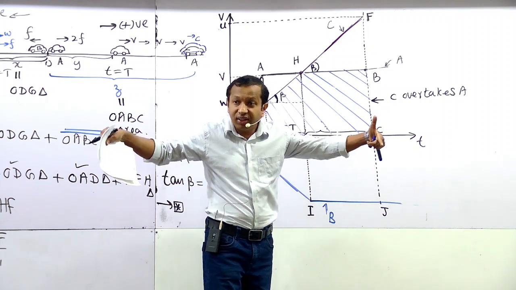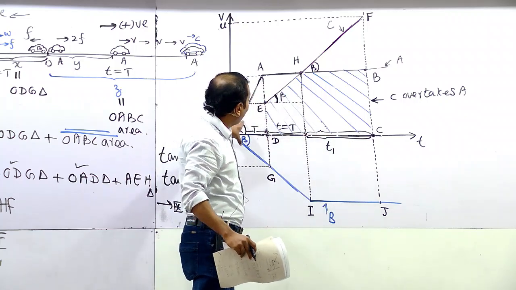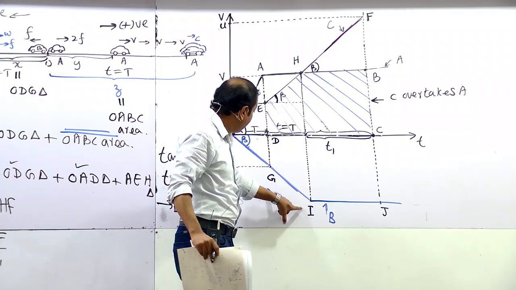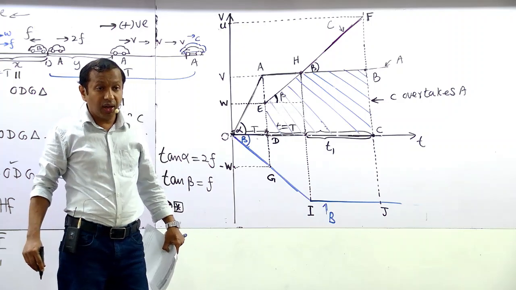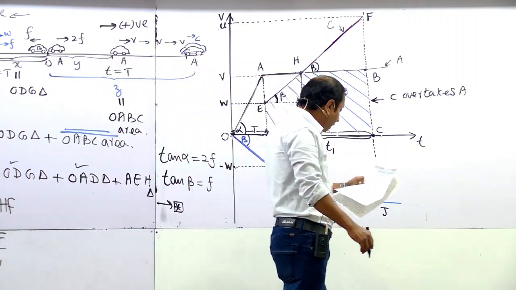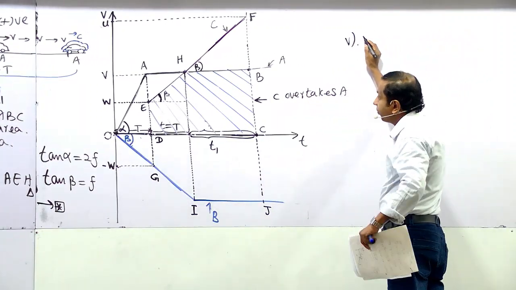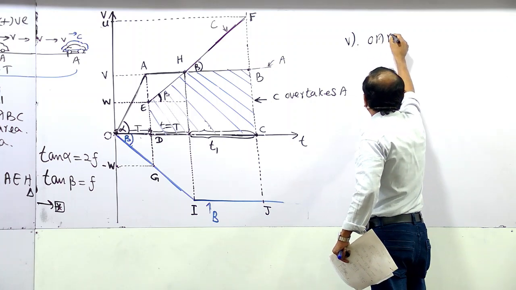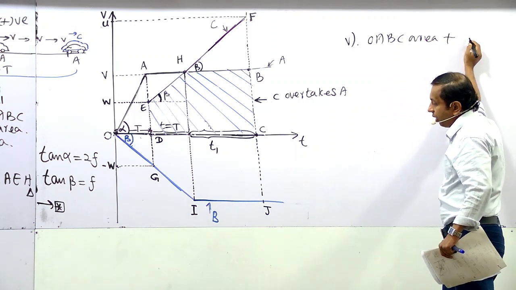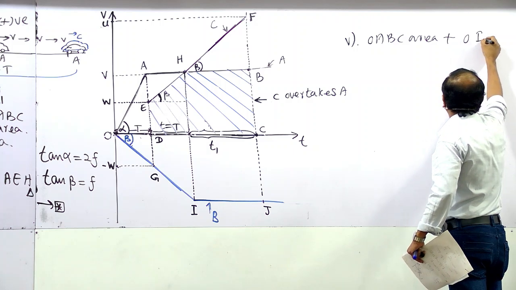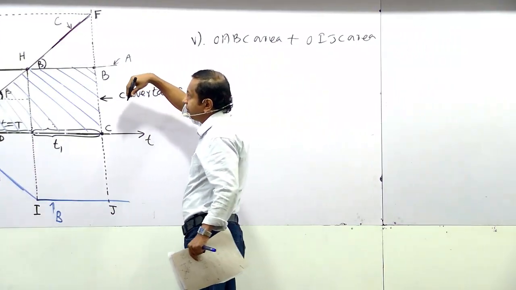Therefore, the distance between B and A is the OABC area plus the OIJC area. Understand? Yes. Then we can write number 5: OABC area plus OIJC area. Right. Now find this area.